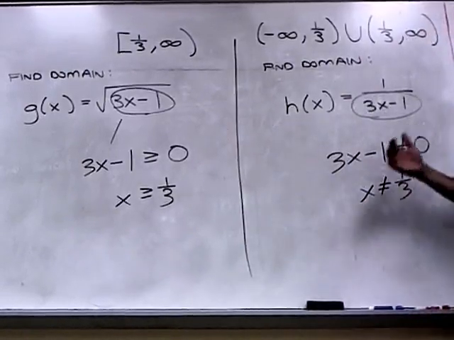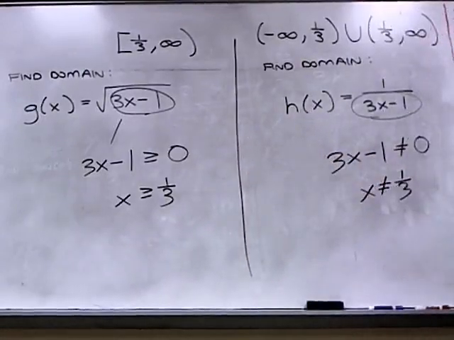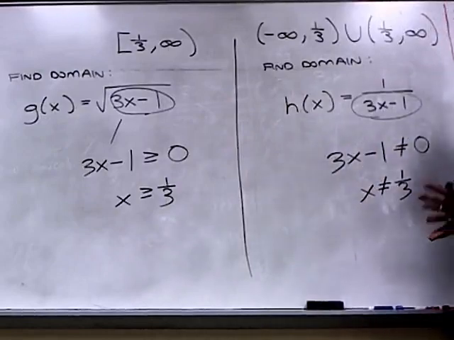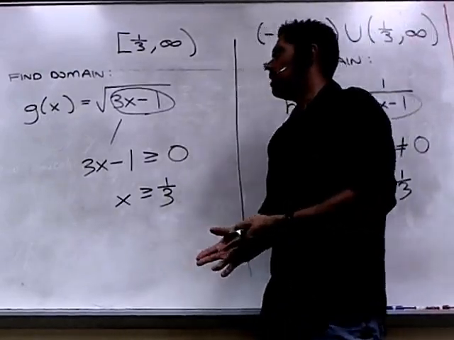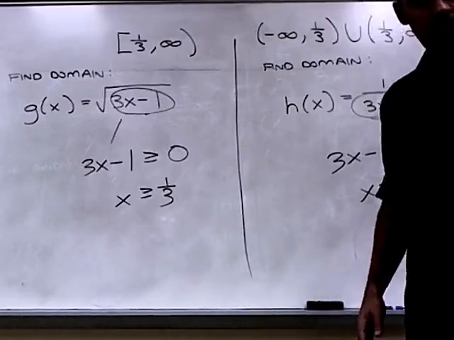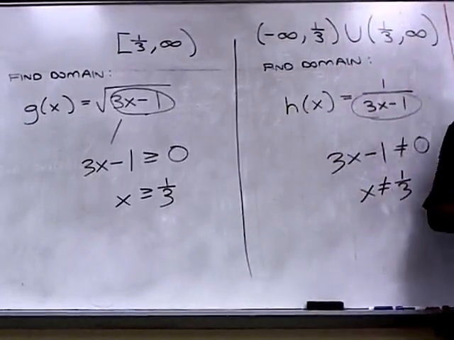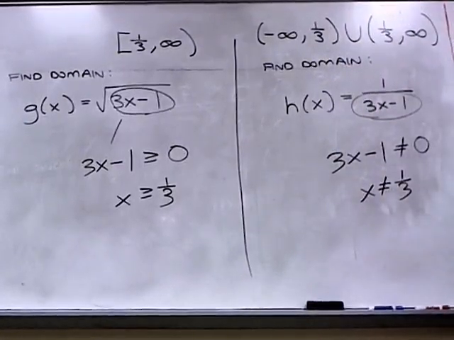Does that give you a good little variety of the different types of things? Those are the only things you have to worry about, square roots and division by 0. If for some reason you go on and do more math, there are all sorts of other functions you have to worry about domain issues with.